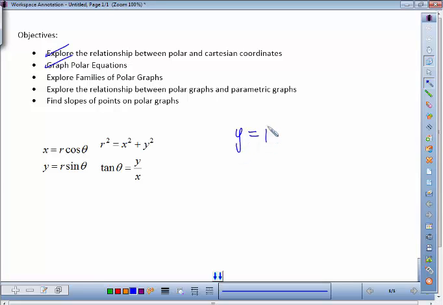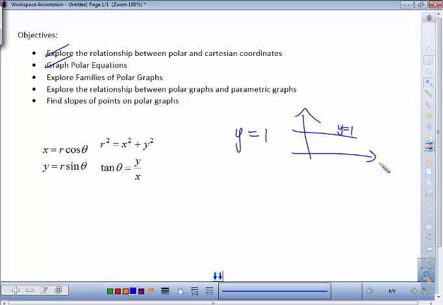y is equal to 1. We know what that graph is, right? That's a horizontal line on the xy plane. And if we're interested in writing this in polar coordinates, we should be able to by using this relationship.